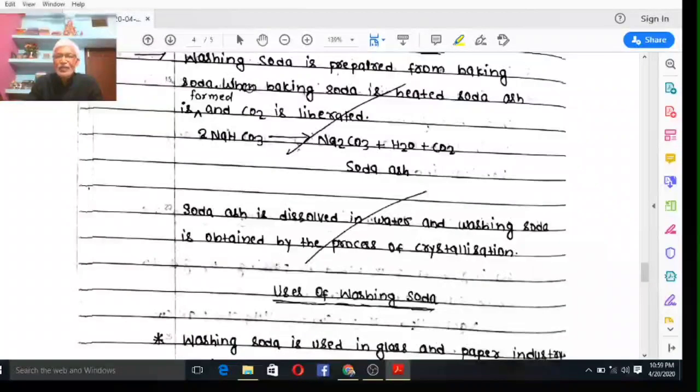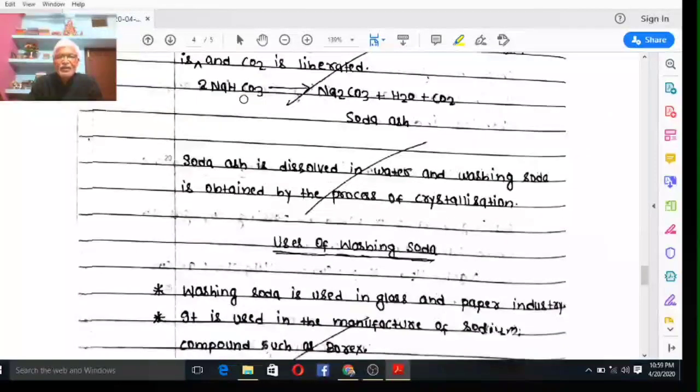When baking soda is heated, soda ash is formed and carbon dioxide gas is liberated. Like the reaction, when NaHCO3 is heated, Na2CO3 is formed and water and carbon dioxide are removed. Then soda ash is dissolved in water and washing soda is obtained by the process of crystallization.